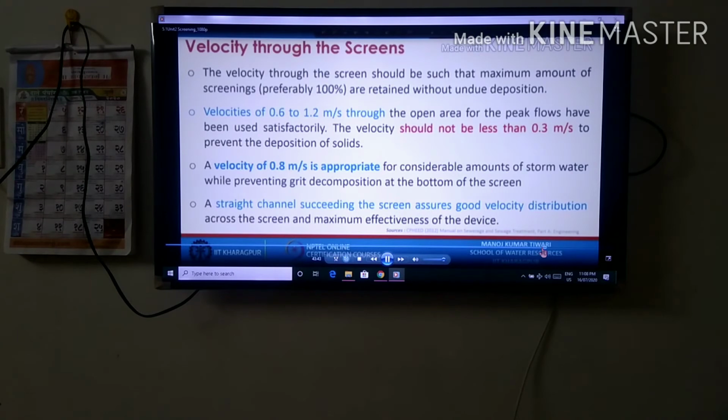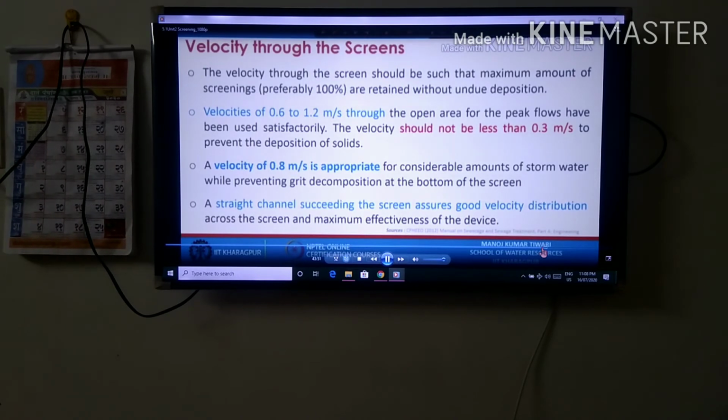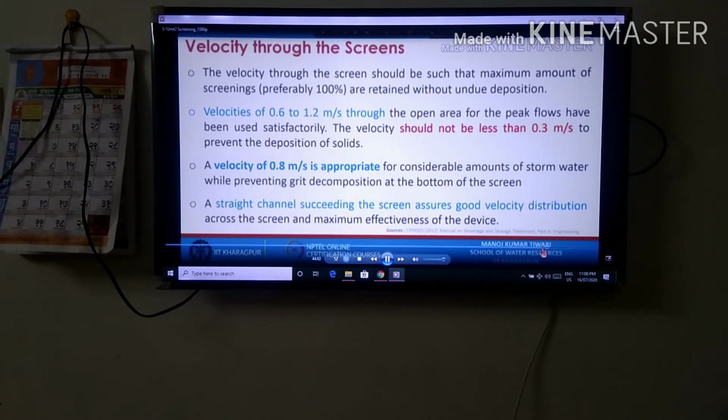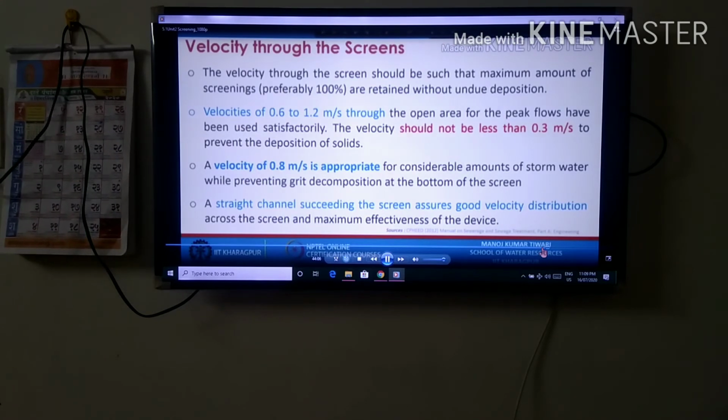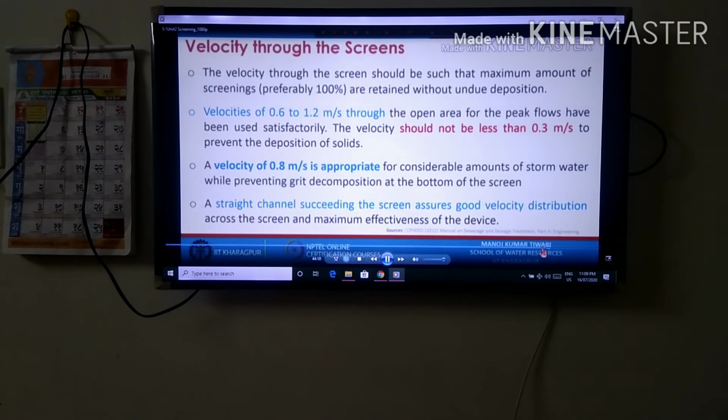So that is one of the essential criteria. Generally, the CPHEEO manual recommends velocities of 0.6 to 1.2 meter per second through the open area for the peak flow. This much should be there, and velocity should not be less than 0.3 meter per second to prevent the deposition of solids. If it is less than that, then the solids may get deposited on the screen surface itself. Okay.